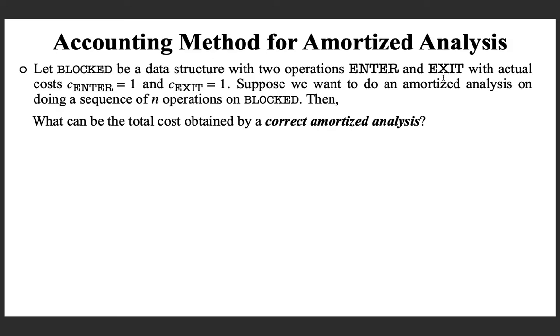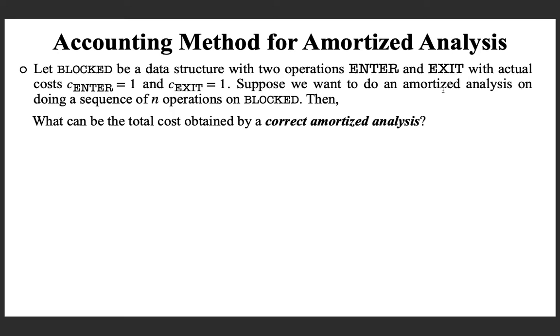Now, Block could be a queue of tasks in an operating system which are blocked on a resource. The processor enters the blocked state during execution, and later it can exit when that resource becomes available.